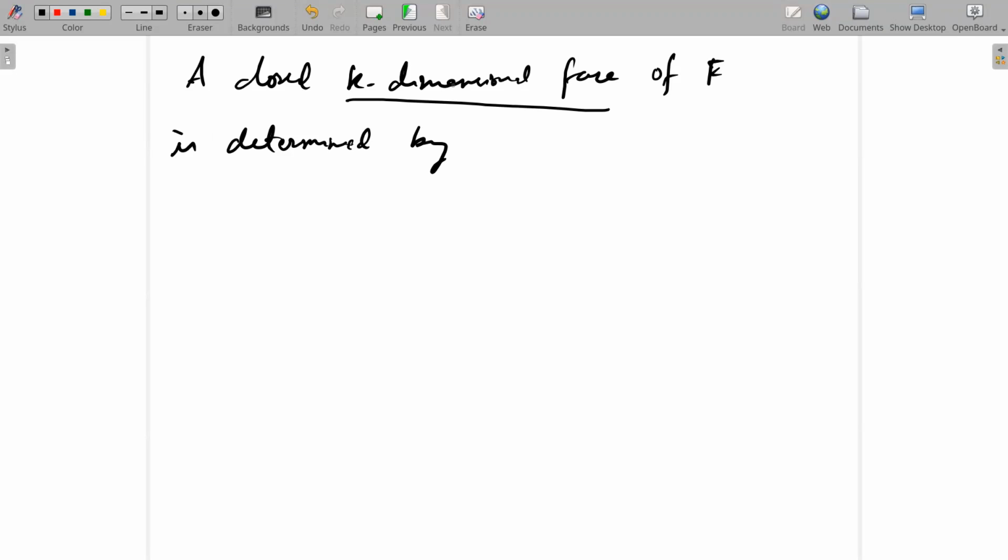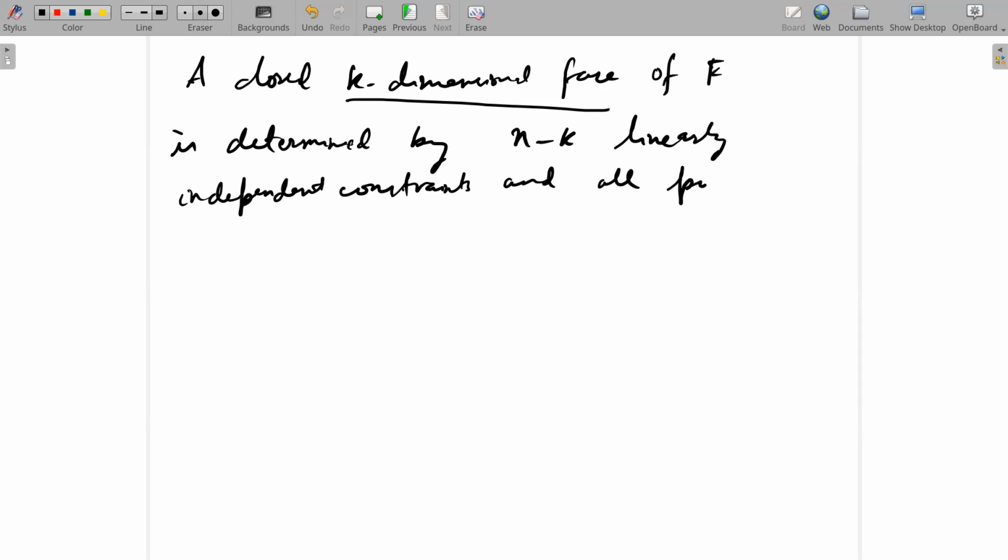So the k dimensional face is determined by n minus k linearly independent constraints, and all points of that face are tight at these constraints.